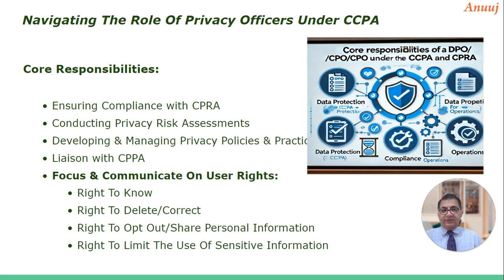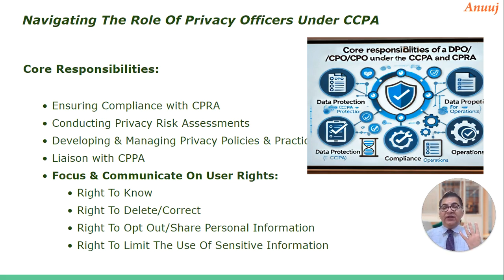The focus, as I mentioned earlier, in California is more on the user rights, and there are four key rights that we talk of: the right to know what information you have, the right to get that information deleted and corrected if I want to, the right to opt out from sale or sharing of my personal information, and the right to limit the use of my sensitive personal information.